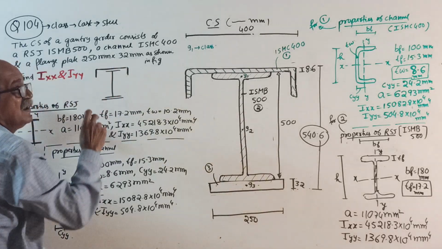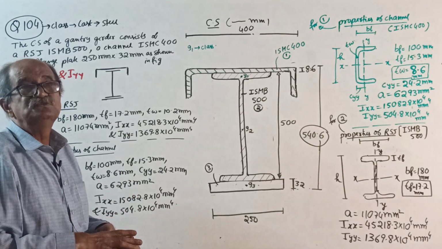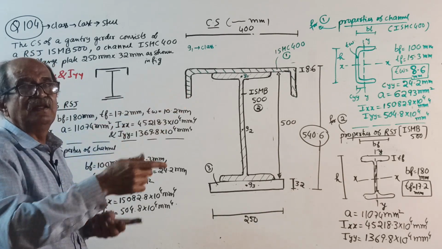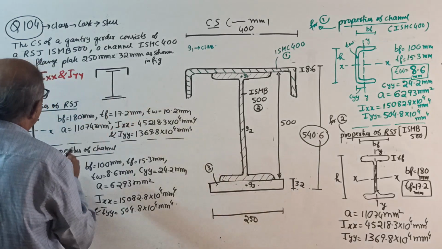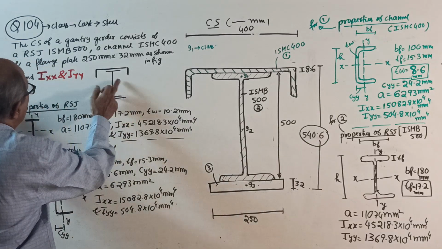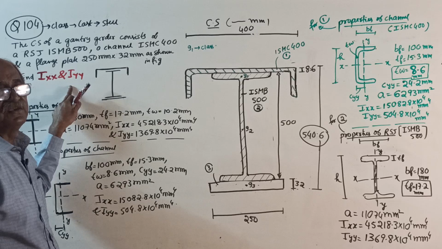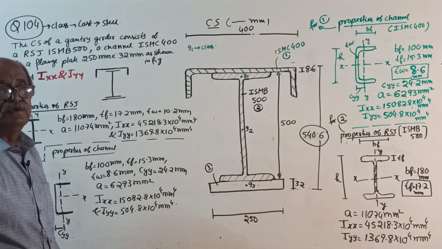Above this, rails will be there where the crane girder will move, with a crab in the crane girder. Don't worry about those things. It's a symmetrical plate. Find IXX and IYY, the moment of inertia about the centroidal axes, the last question in the series for steel structures.